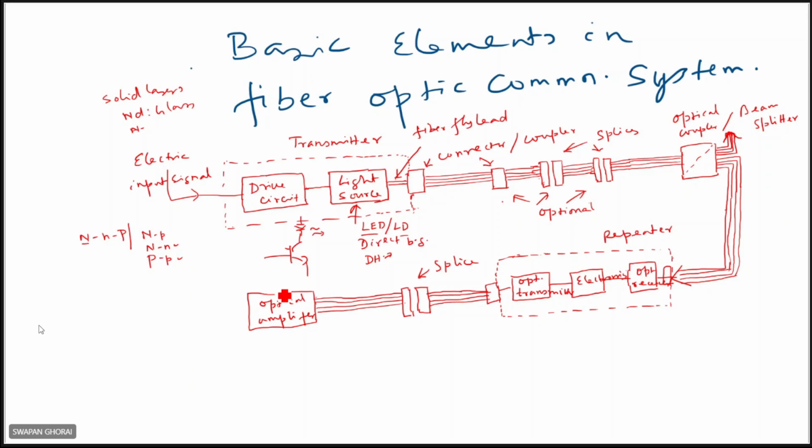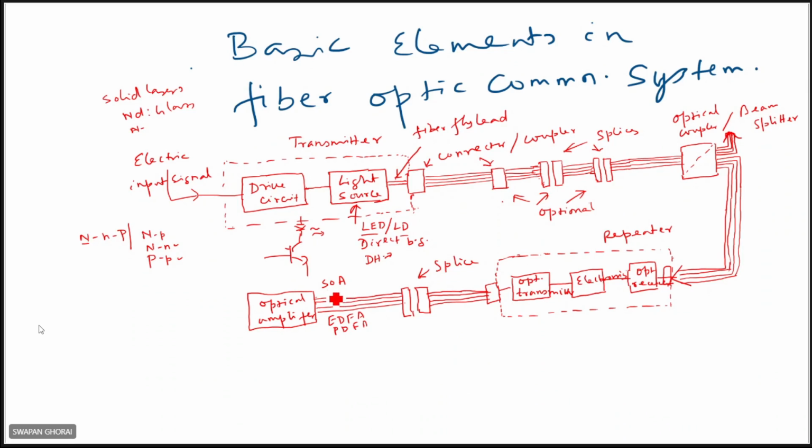This optical amplifier can be an SOA, semiconductor optical amplifier, or an EDFA, or a PDFA, like these. Erbium doped fiber amplifier, praseodymium doped fiber amplifier, or NDFA, neodymium doped fiber amplifier, depending on the wavelength used in the system.